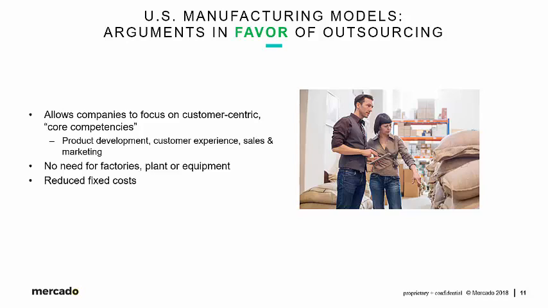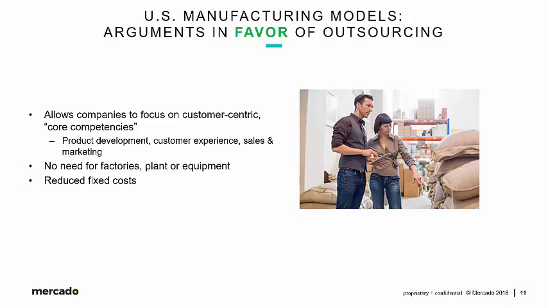Part and parcel of not needing factories, plant, or equipment, it reduces our fixed costs. We don't have to pay the lease on the production building no matter what every month. We don't have to pay 100 employees in a manufacturing environment no matter what, whether we make 1 unit or 1 million units.